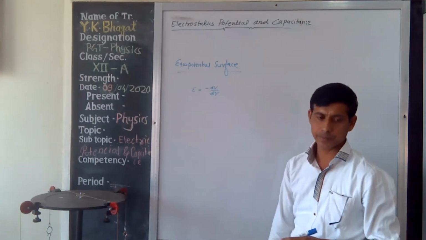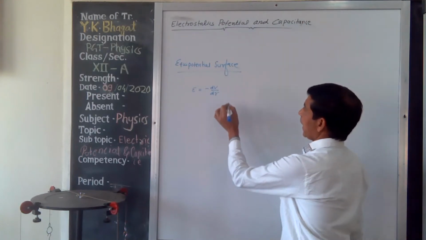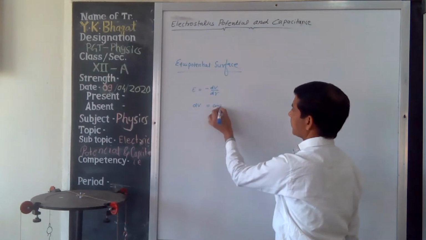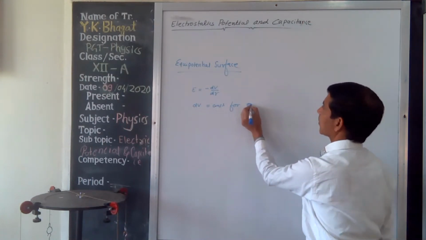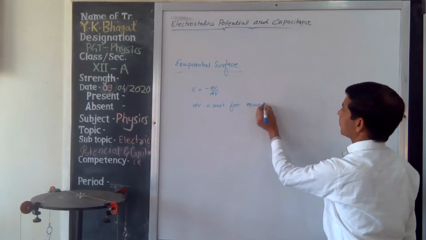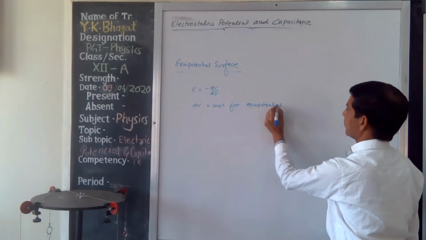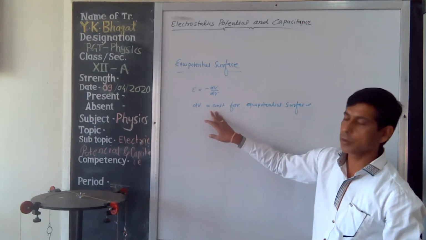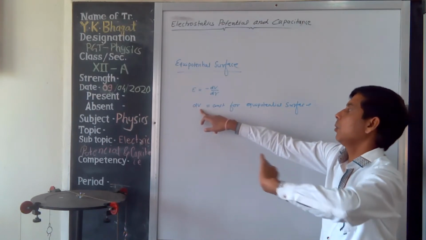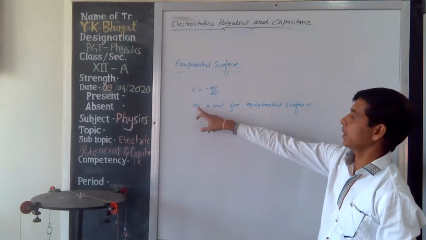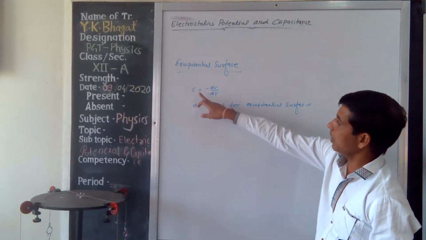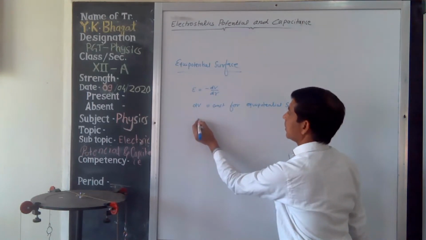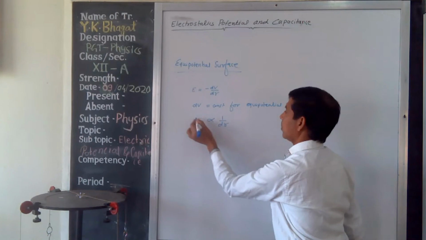From this equation, we observe that dV is constant for an equipotential surface. For an equipotential surface, dV is constant, no change in potential. Potential throughout the surface is the same. That means dV is constant, so E is inversely proportional to dr.